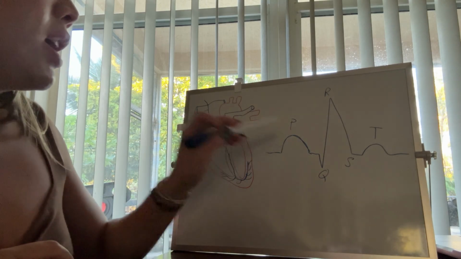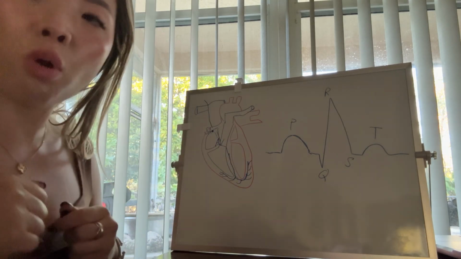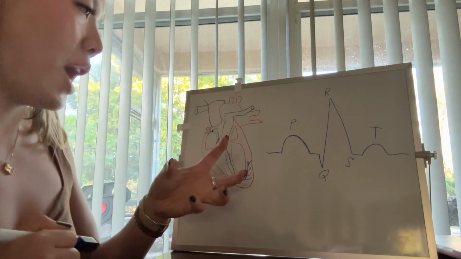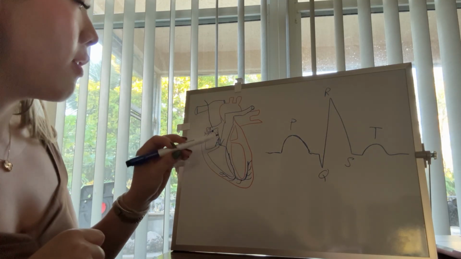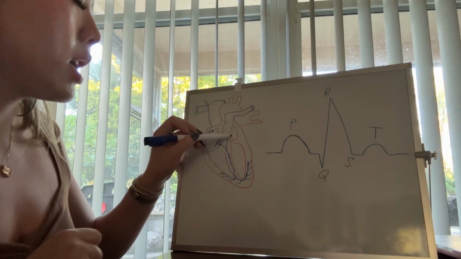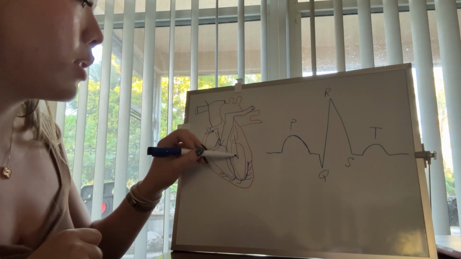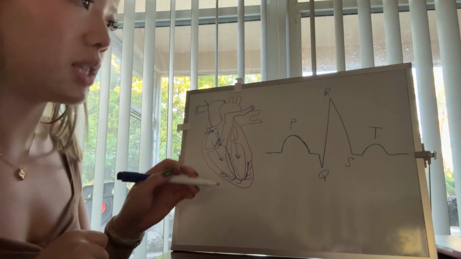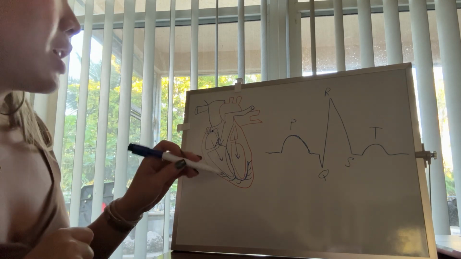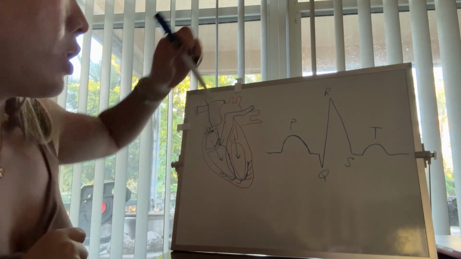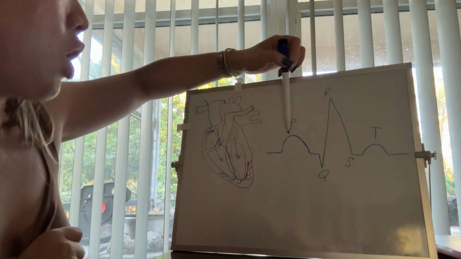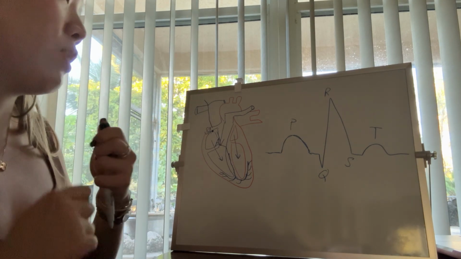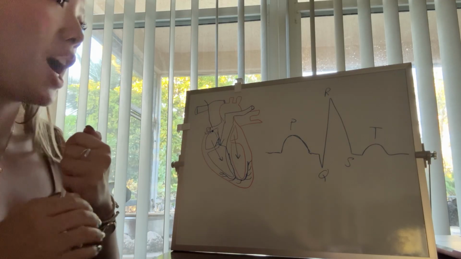This P wave is when the atria depolarize, meaning that they contract. Once they contract, fluid from the atria are going to flow from the atria down to the ventricles on both sides. And that's going to be known as the PR interval.